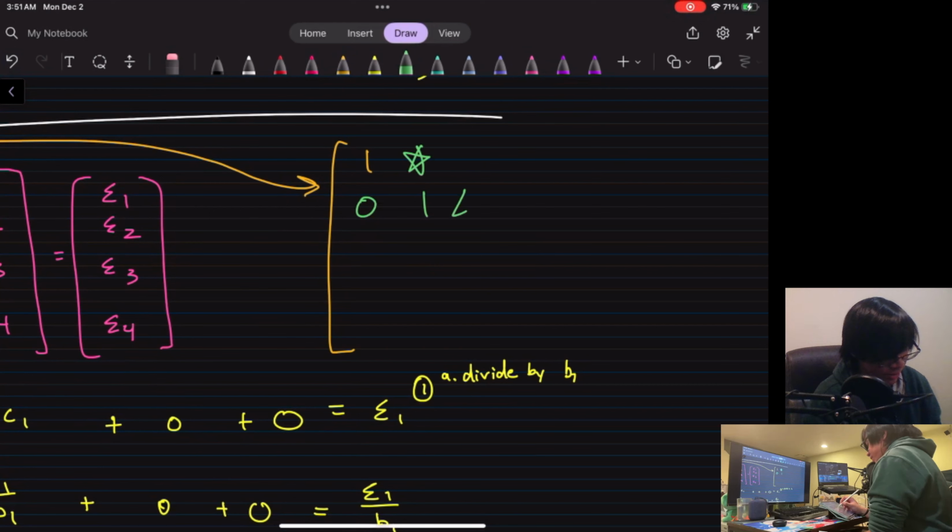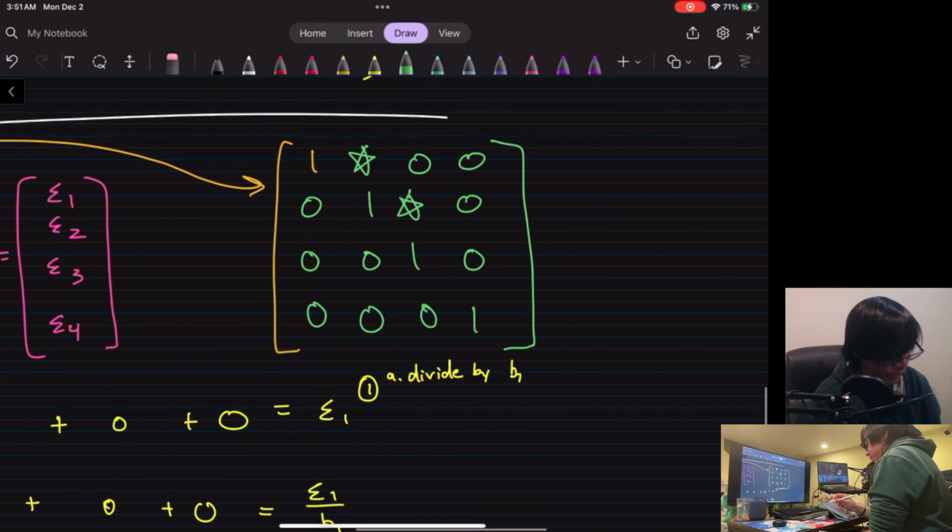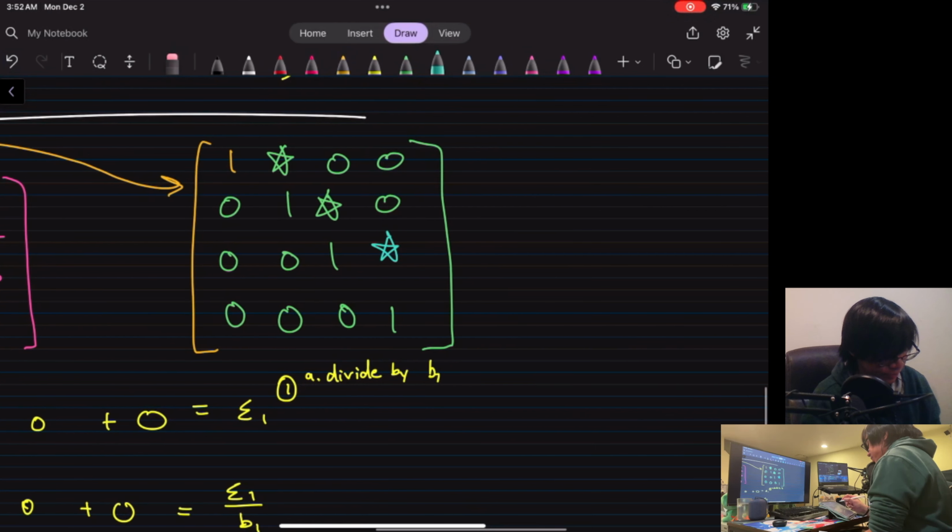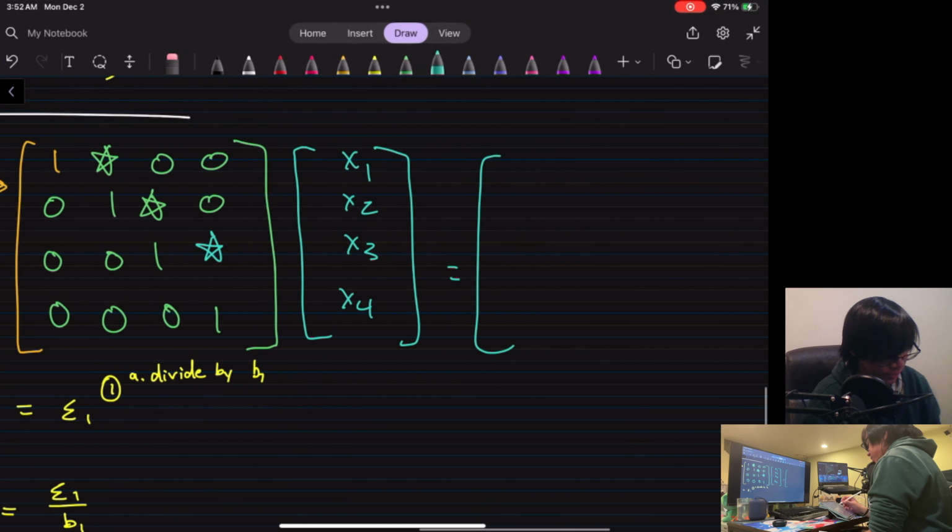I'm kind of getting ahead of myself, kind of spoiling it, but we have a 4x4 with ones going down where the B used to be. This will be the modified values multiplied by x1, x2, x3, x4, equal to epsilon 1, 2, 3, 4.